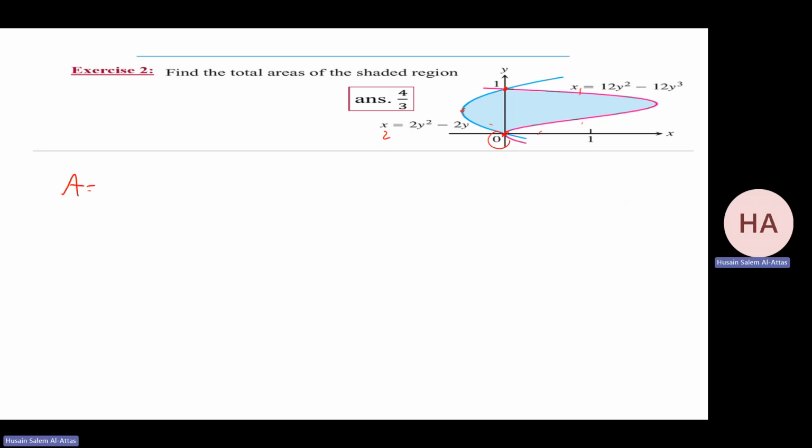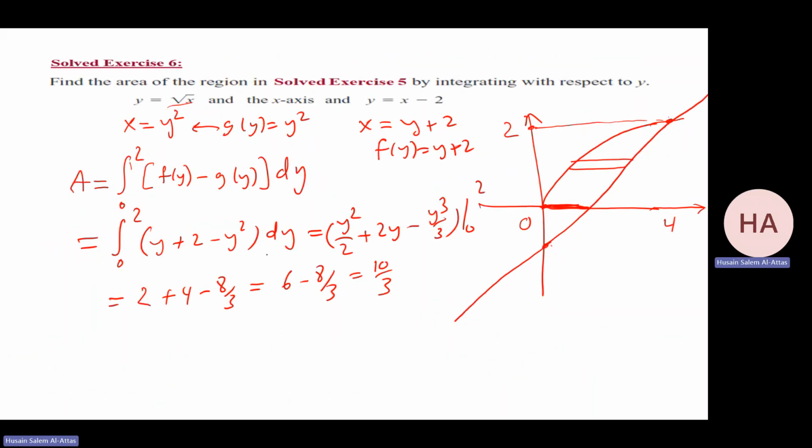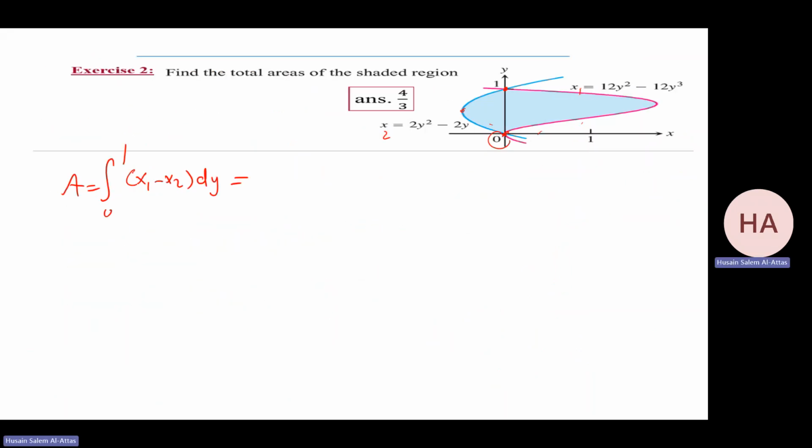So the area will be from 0 to 1, in terms of y, x1 minus x2, dy. Like what we did here, we're making it dy. Okay, that gives me what?